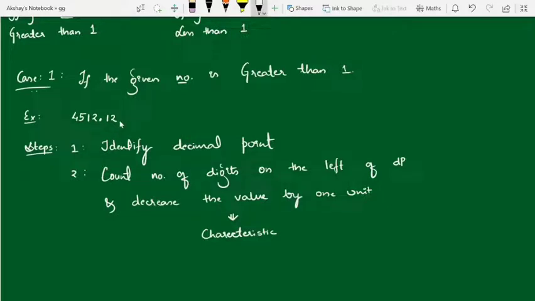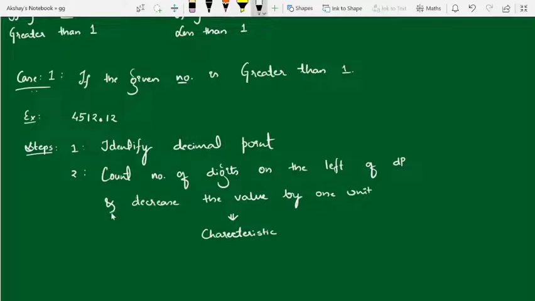So 4512.12, let us suppose this is our number. First of all, identify the decimal point. The decimal point is here. Count the number of digits on the left of the decimal point. How many digits do we have? First digit is 4, second digit is 5, third digit is 1, fourth digit is 2. So total 4 digits are present on the left of the decimal point.